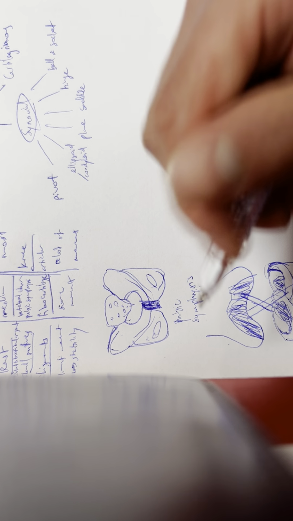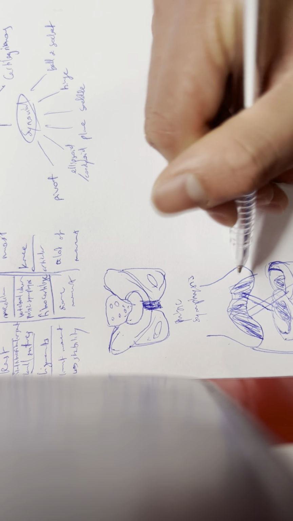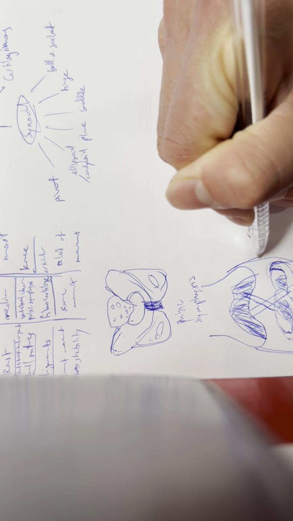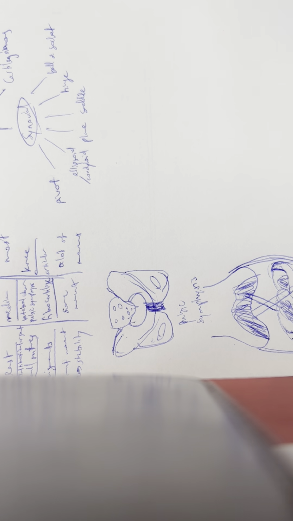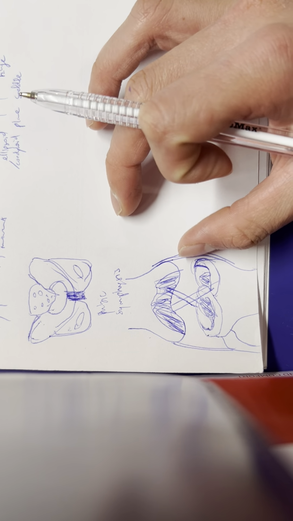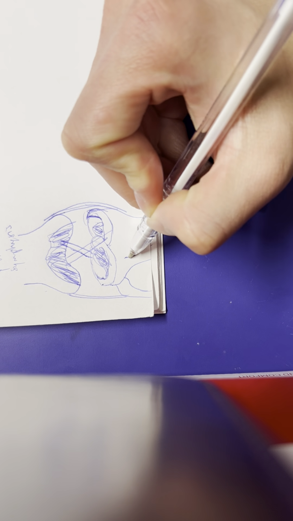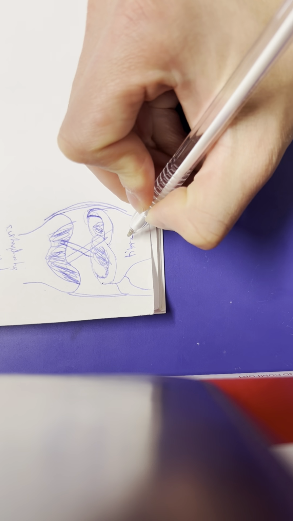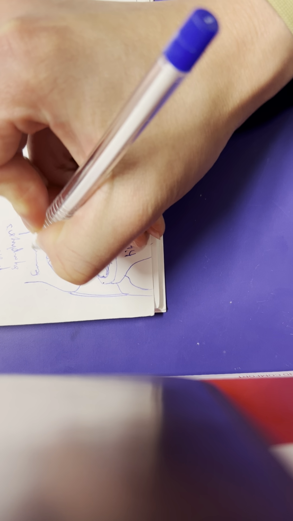Here you go. So this is your knee, basically. And I know I'm missing out the joint capsule, but I'm just trying to show you the different types of ligaments involved, right? So this is your tibia, as you guys know. This is your femur, and this is your fibula.